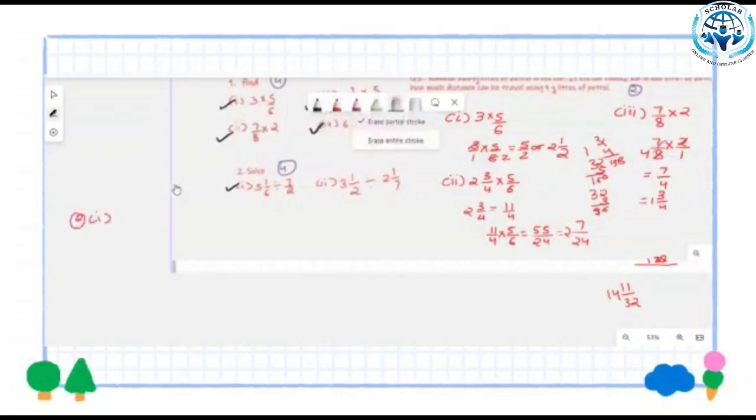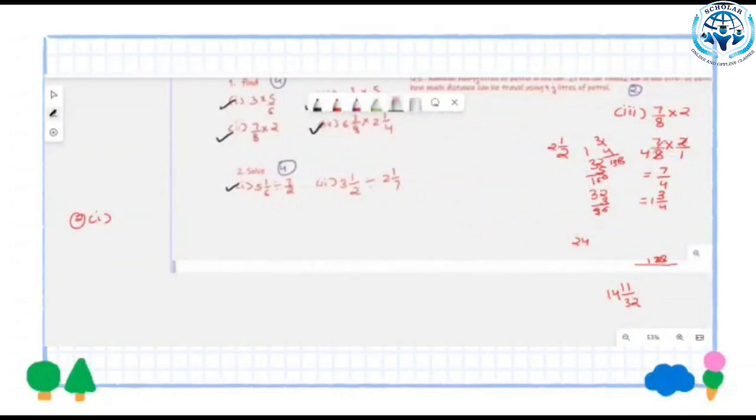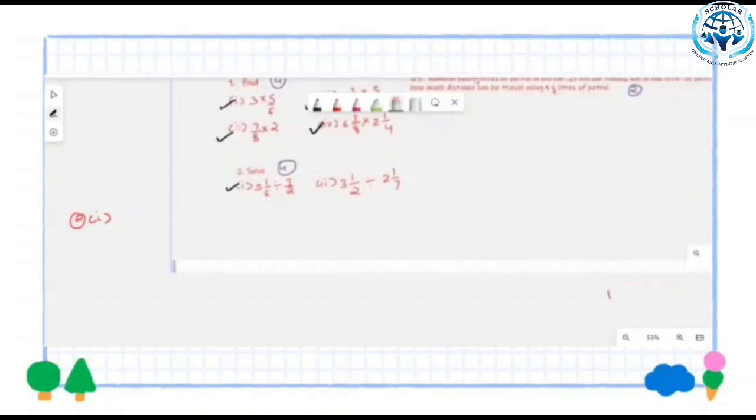Now solving the second question, of division. 5 1 by 6 divided by 7 by 2. 6 5s are 30, plus 1, 31 upon 6.